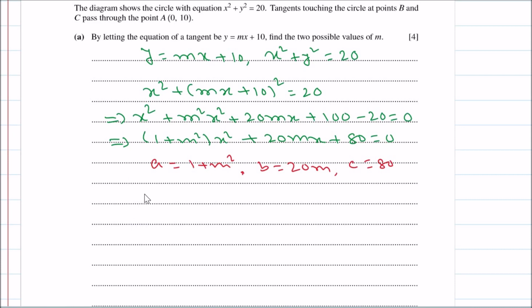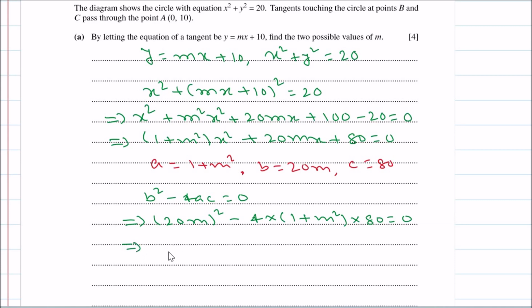Now b square minus 4ac is equal to 0. So b is 20m whole square, minus 4a, a is 1 plus m square, there are two terms so we write it in a bracket, into c, c is 80, and that is equal to 0.